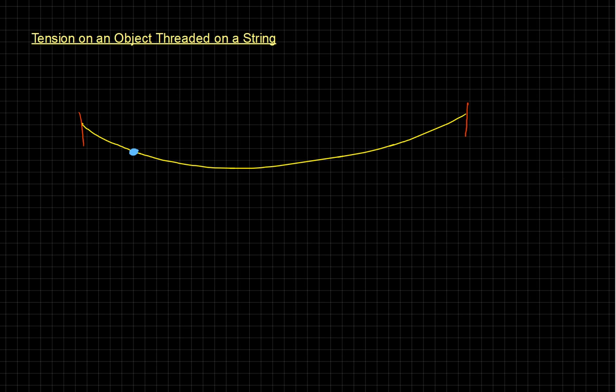Okay, it's not threaded. By threaded, what we mean is that this object, whatever it may be, is technically able to freely move on the string. So for example, if you picture, let's say I took a ring, like a ring that you'd wear on your finger, and I threaded the string through the ring, and picture the real life scenario, that ring may or may not move, but it has the ability to, right?